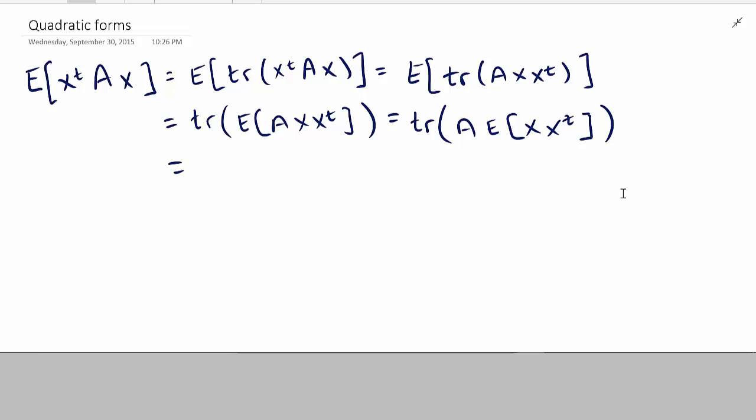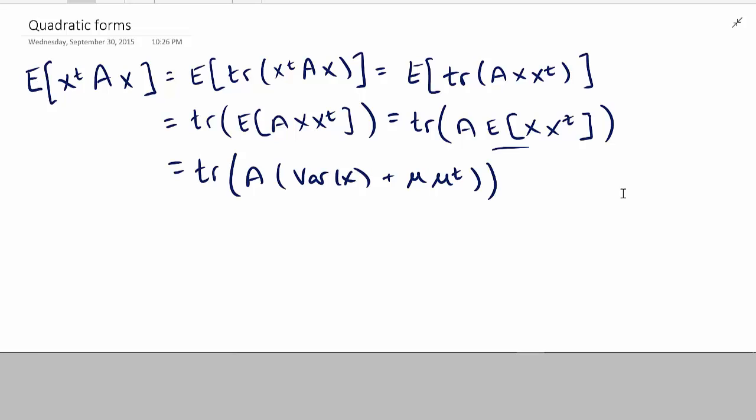And remember, by the shortcut definition of variance, this quantity here, the expected value of x x transpose, is nothing other than the variance of x plus the expected value of x times the expected value of x transpose. So this is the trace of A times the variance of x plus, and let's just say the expected value of x is mu, mu mu transpose.